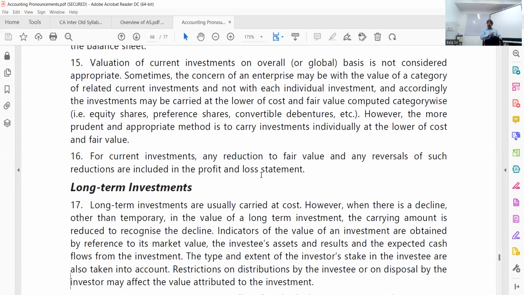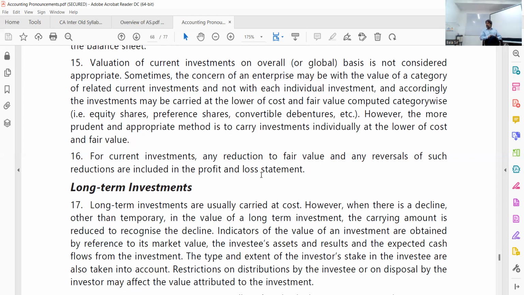Okay. Now read para 17 once again, sir. From the beginning. Long-term investments are usually carried at cost. However, when there is a decline, other than temporary, in the value of a long-term investment, the carrying amount is reduced to its fair value. Indicators of the value of an investment are obtained by reference to its market value, the investee's assets and results, and the expected cash flows from the investment.